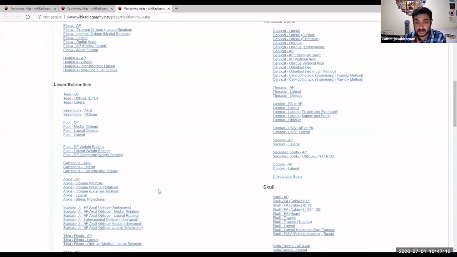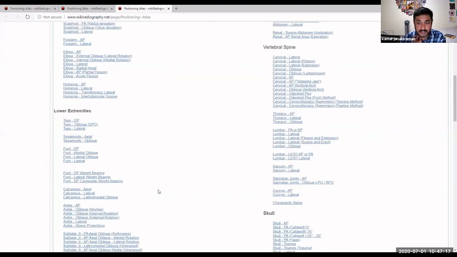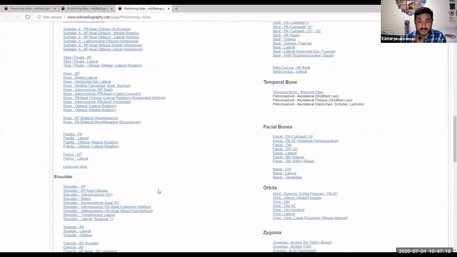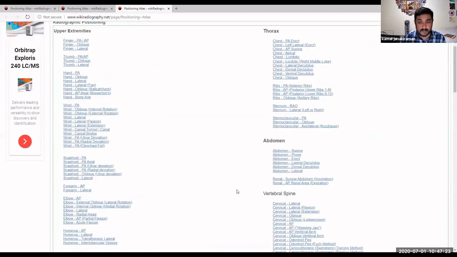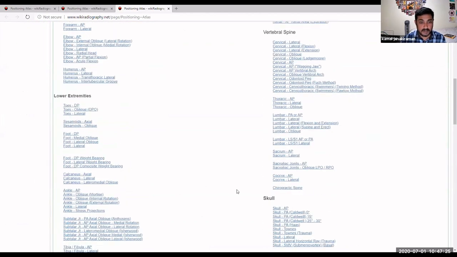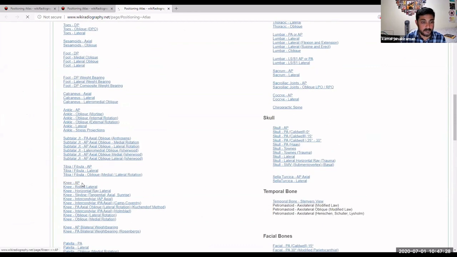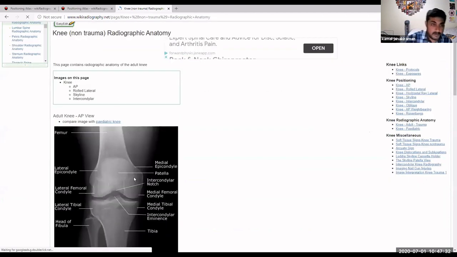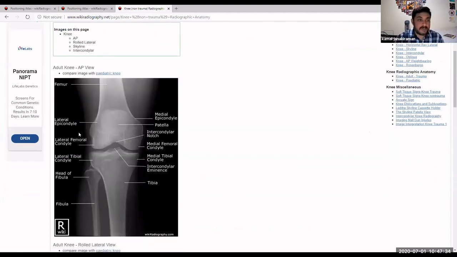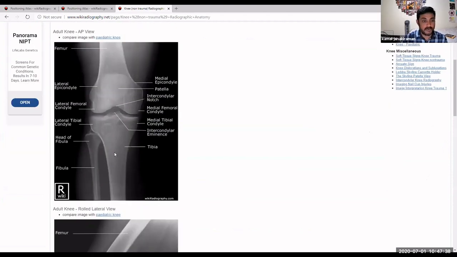Okay, fine. I'll go through again. We are seeing the shoulder. Showing the lower extremity, the knee. Sorry for the delay. The knee AP view.